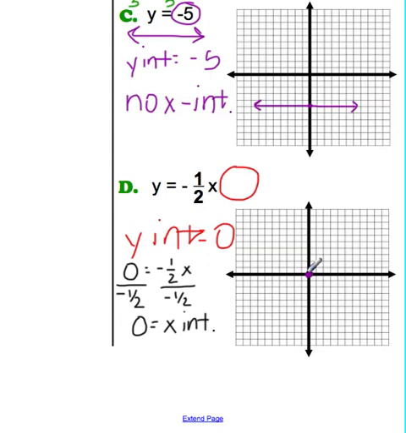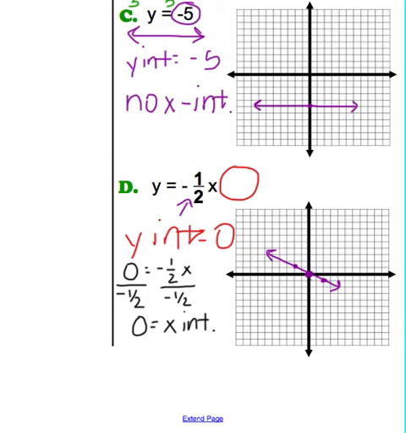Now because we don't have any other points to connect, I'm going to go back to our slope of -1/2 and go down 1 and forward 2, or up 1 and back 2 to create my points that will allow me to graph my line.